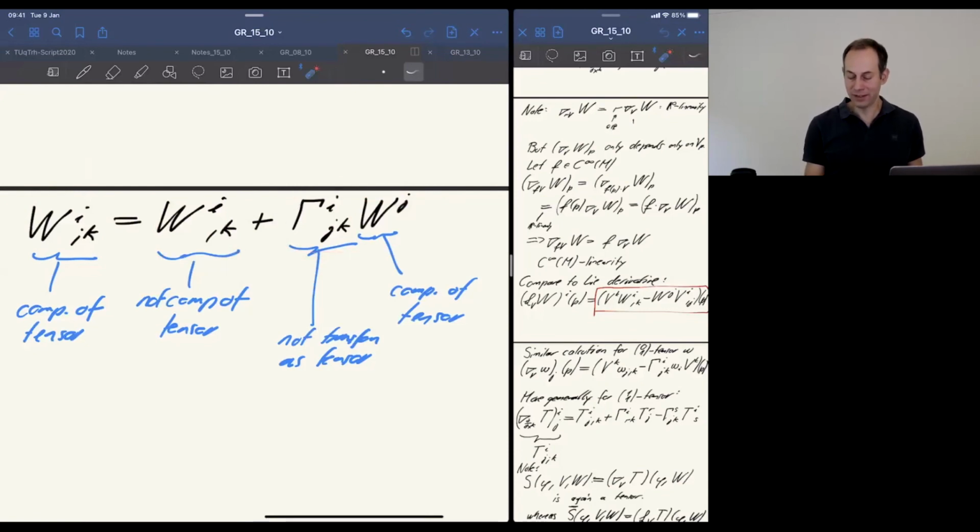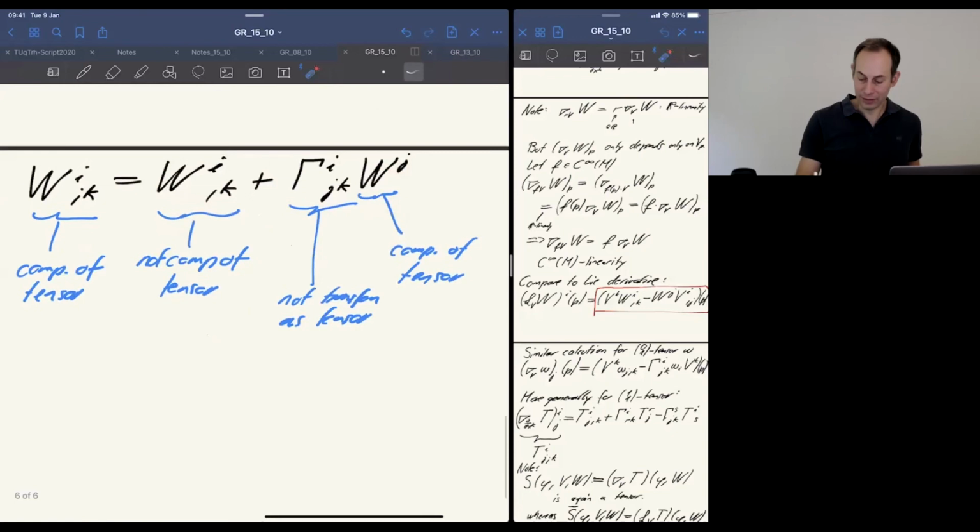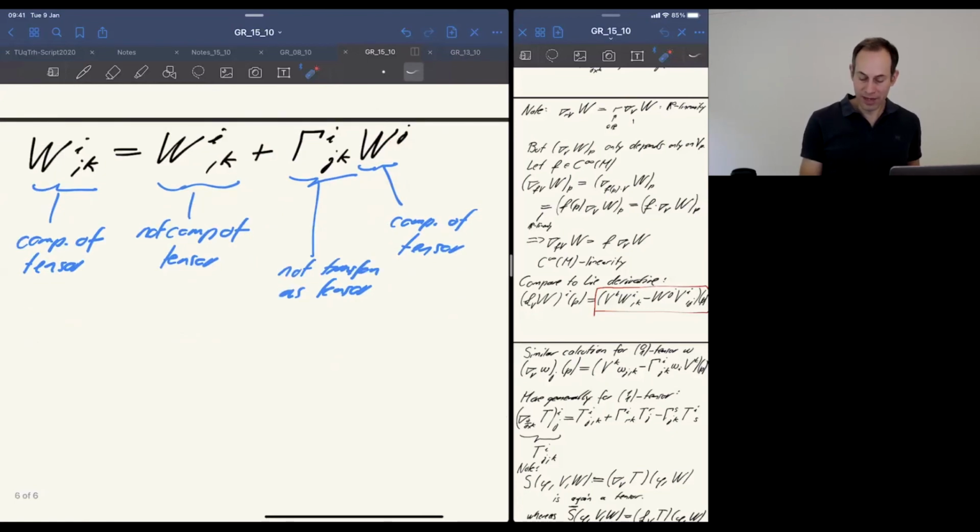And of course, it makes sense that if two terms are individually chart dependent, it can still be that the sum of them is not. So the chart dependency of that is somehow compensated by the chart dependency of that. And the whole thing is again a nice, well-defined physical object, if you like. So that's something you should keep in mind when you see such expressions here and here. What are the components of tensors and which are not?